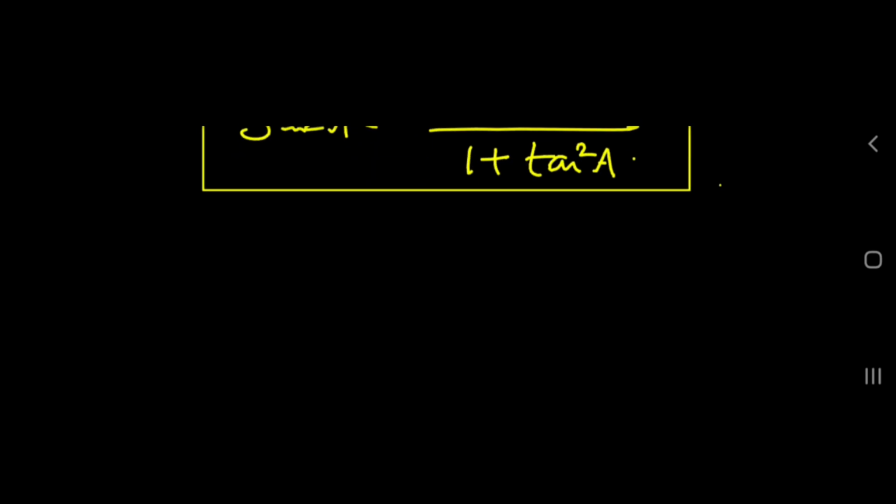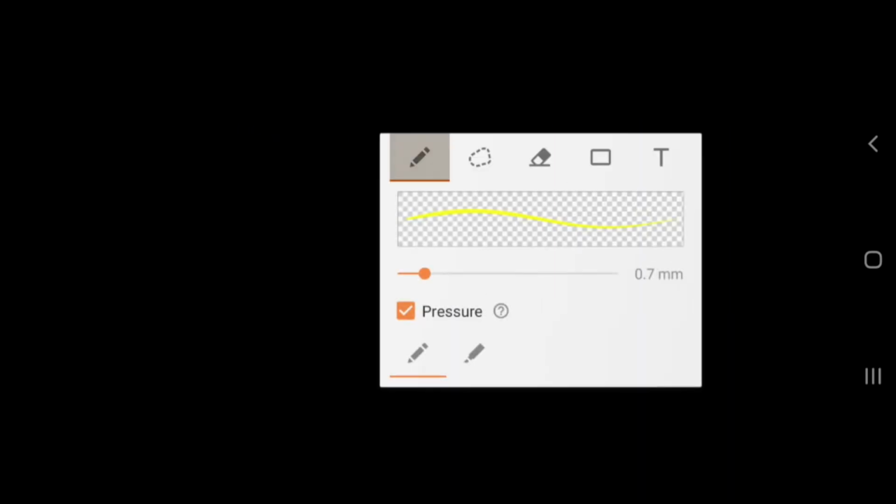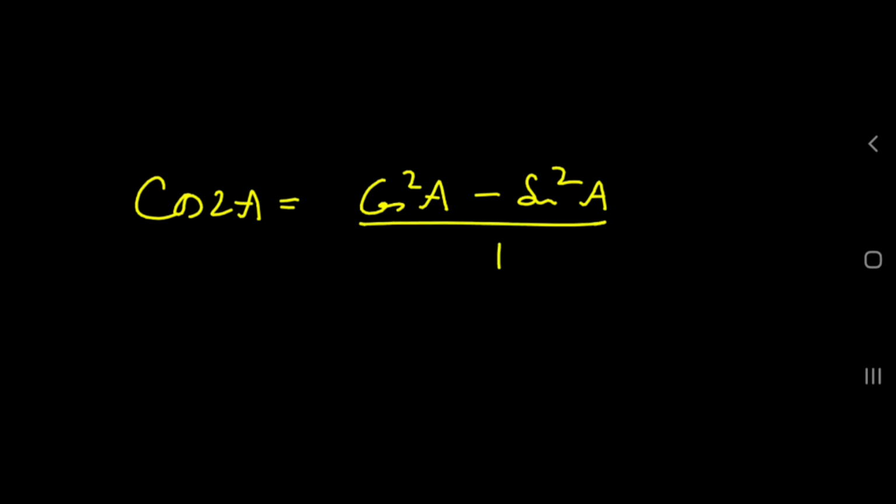Okay. Next is cos 2A. Cos square A minus sin square A. I'll write 1 over here.